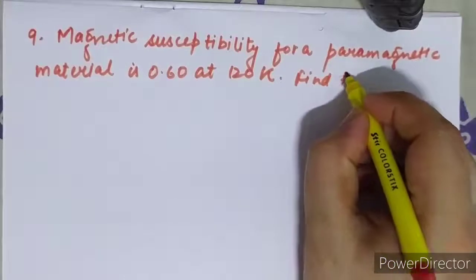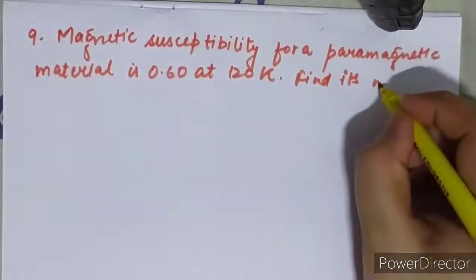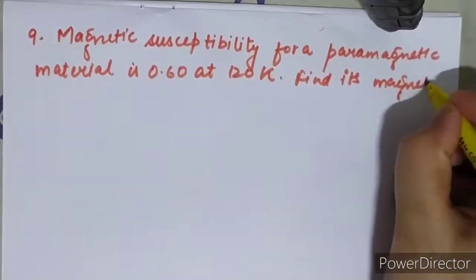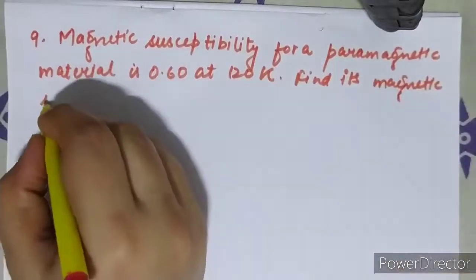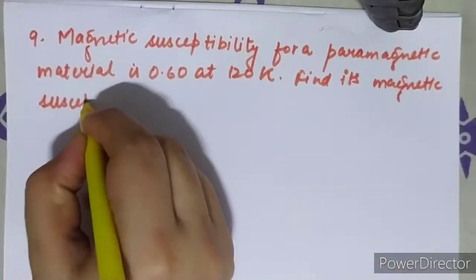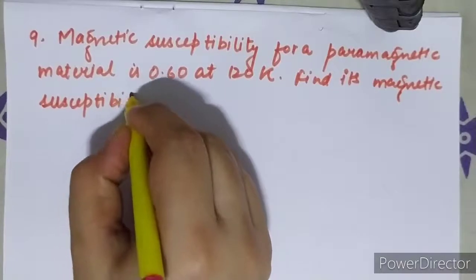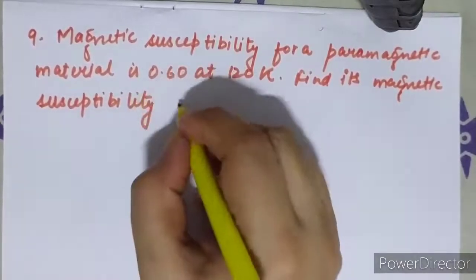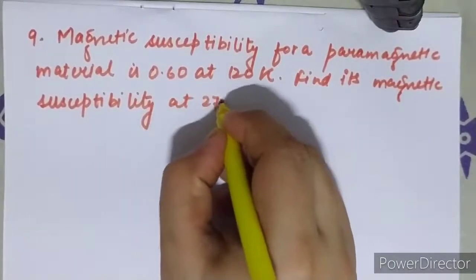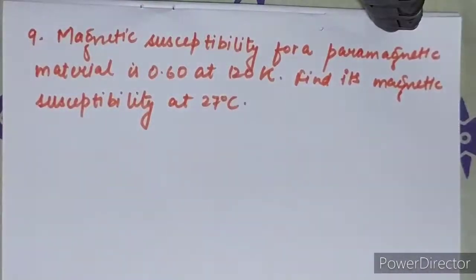Find its magnetic susceptibility at 27 degrees Celsius.